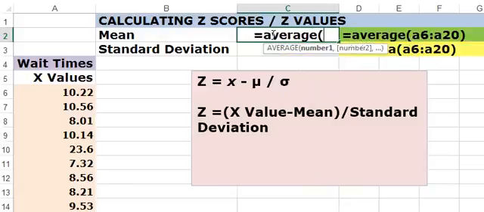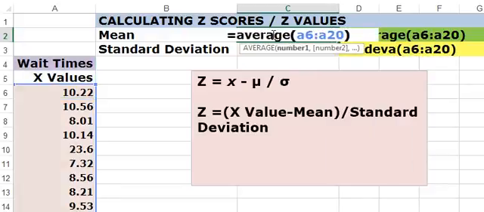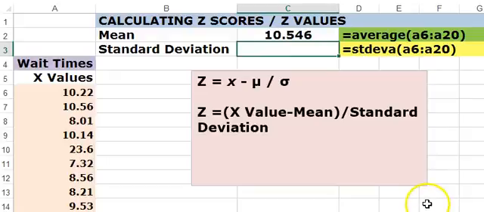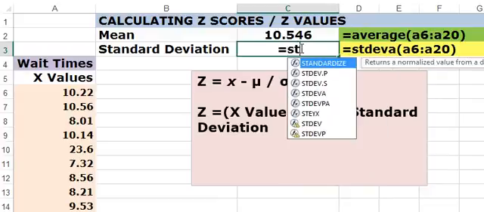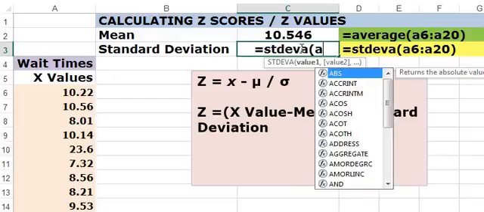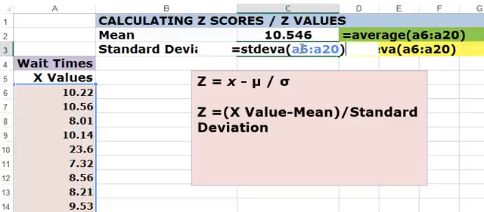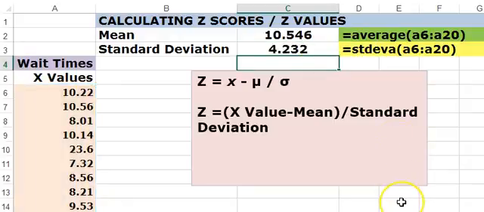Our array is A6 through A20, close the parenthesis, plus enter. So our mean is 10.546. Now I'm going to calculate the standard deviation, equal STDEVA, A6 through A20. Press enter.